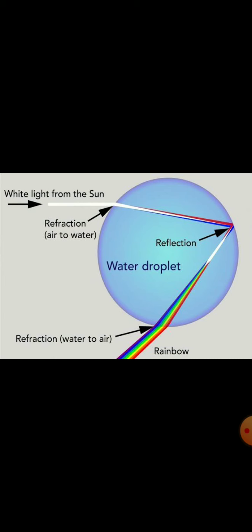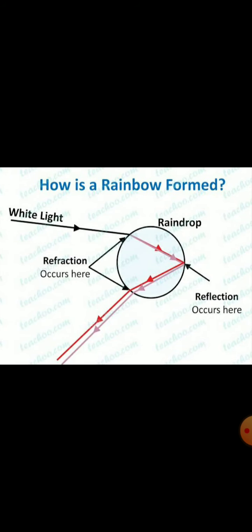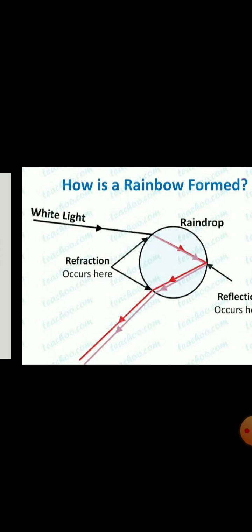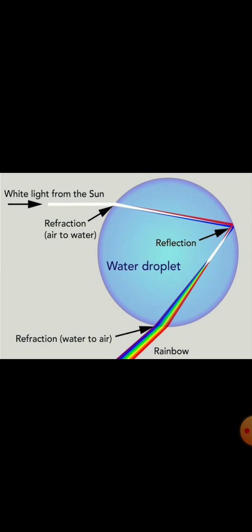So first of all, what will happen? Refraction, which means a ray will slightly bend because of difference in medium. Then dispersion will happen. And what is that dispersion? Splitting of light into its colored components. And thirdly, reflection will take place, and that is bouncing back of the ray of light.